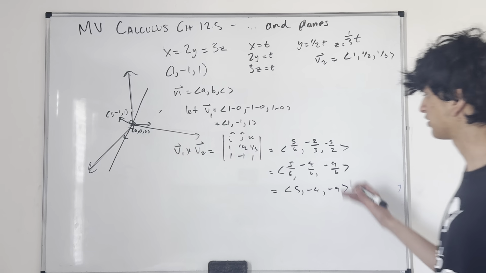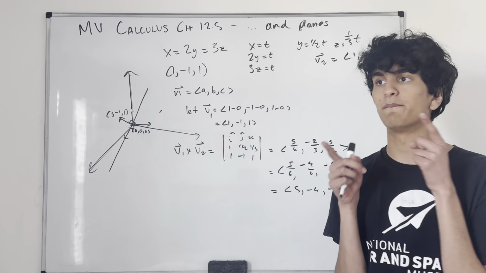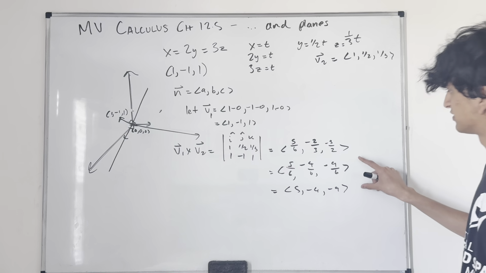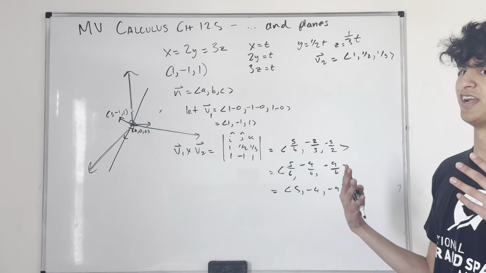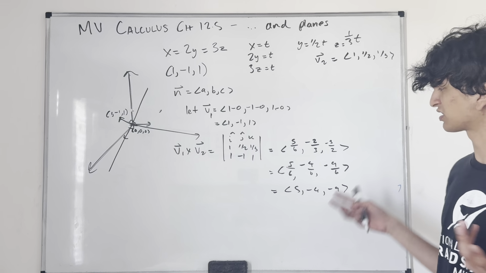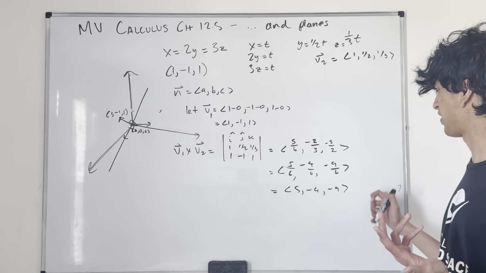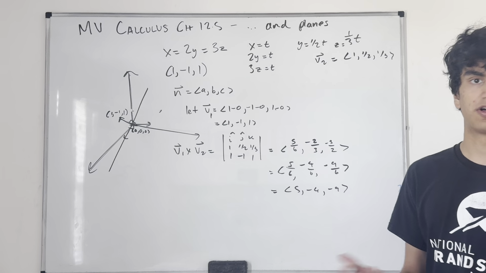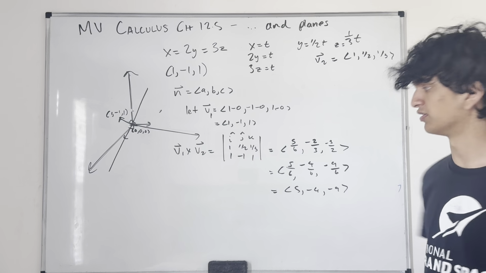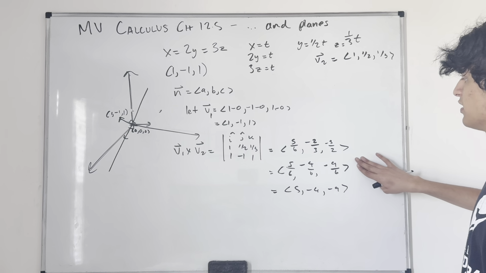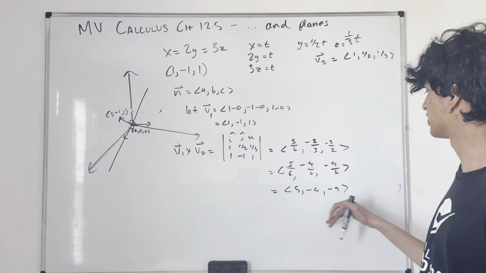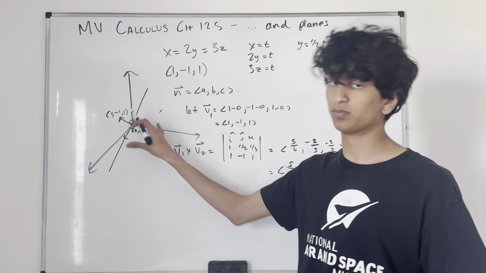I can just factor out a 6, and they'd still be parallel, because if I multiply this by 6, I just get this. They're scaled versions of each other. So this is perpendicular to these two, and this is parallel, so I know 5, negative 4, negative 9 is also perpendicular.